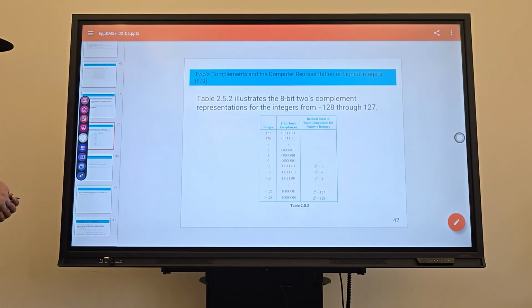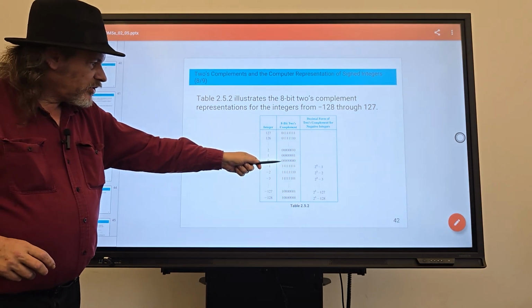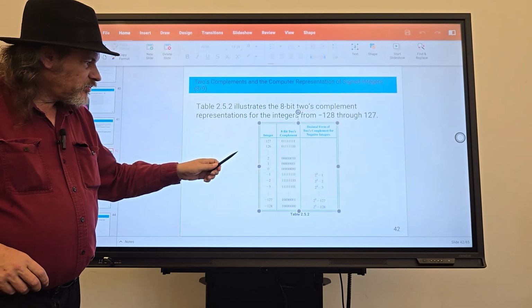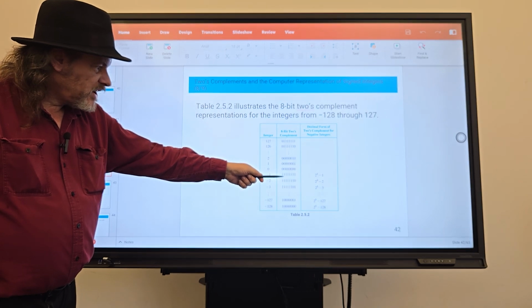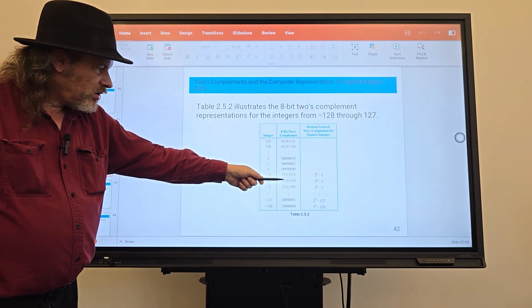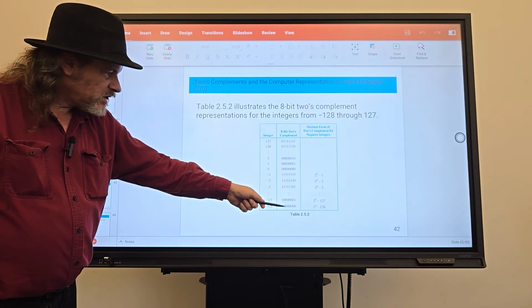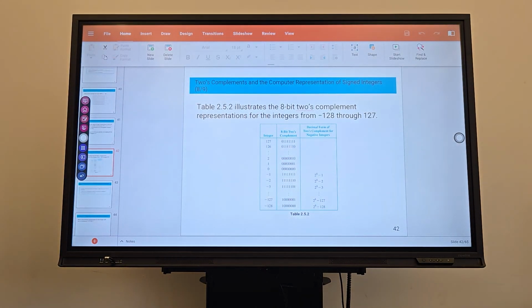Now here's a representation of how things go with 2's complement. 0 is the same, and positive numbers are the same as regular binary. But when you subtract 1 from 0, they all roll over to 1s, and you subtract 1 from each number to get to negative 128, the smallest integer with 8-bit 2's complement.